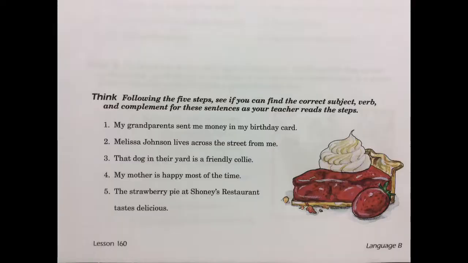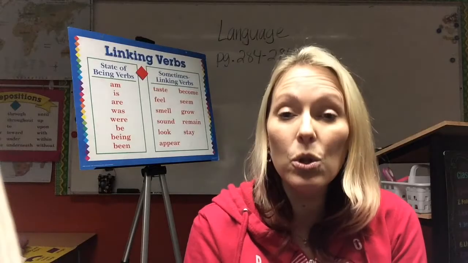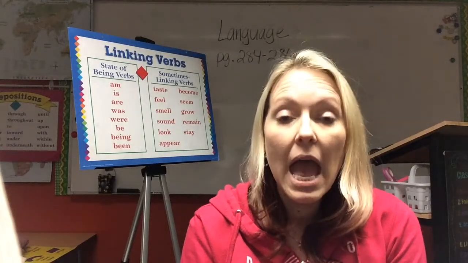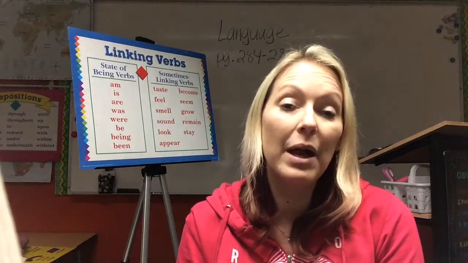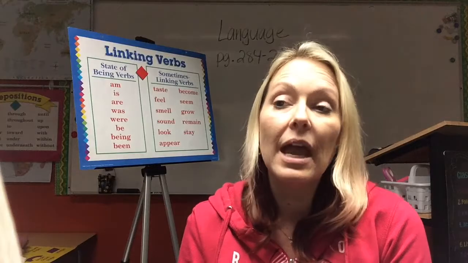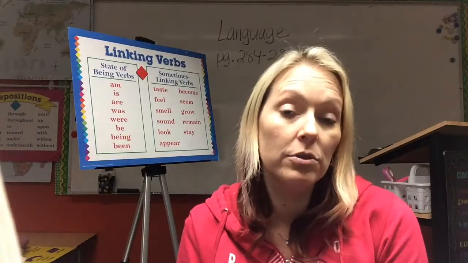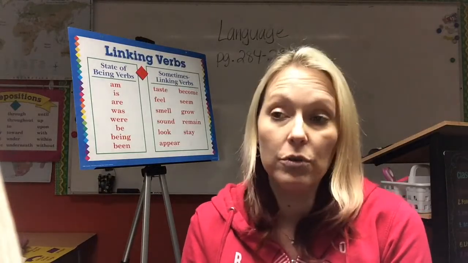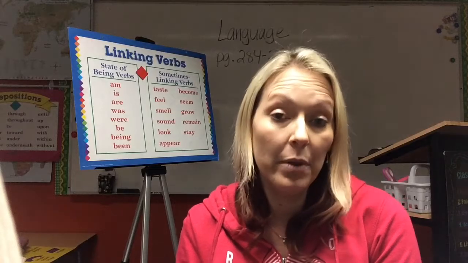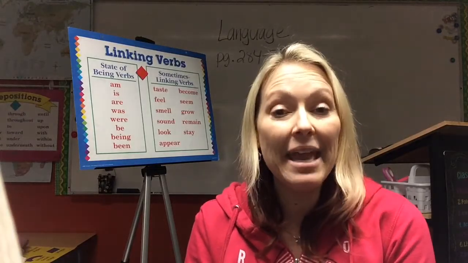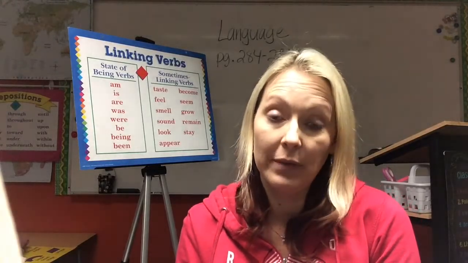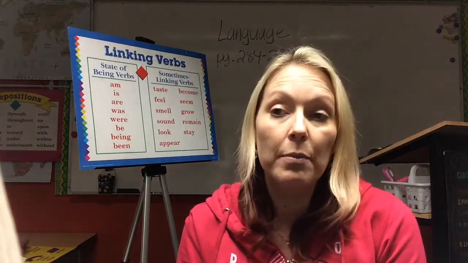So what we're going to do is double underline our verb, single underline our subject, and identify by writing above that words either IO for indirect object, DO for direct object, PN for predicate nominative, or PA for predicate adjective, okay? So let's start with number 1.